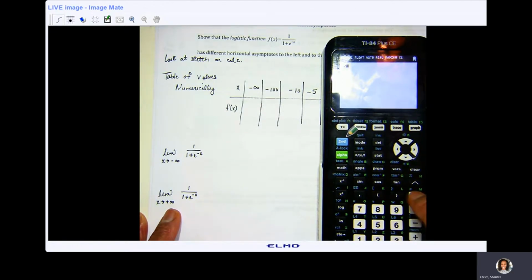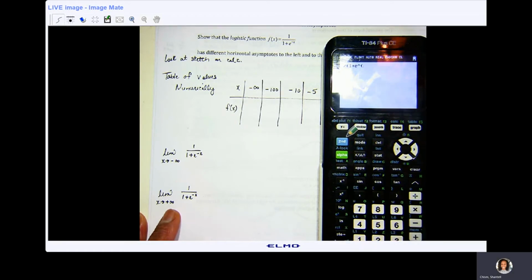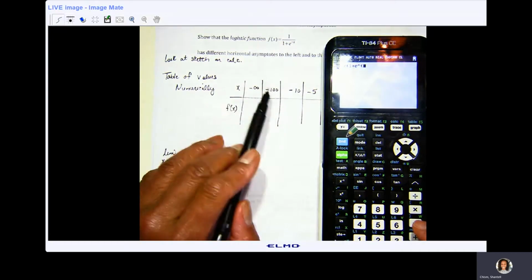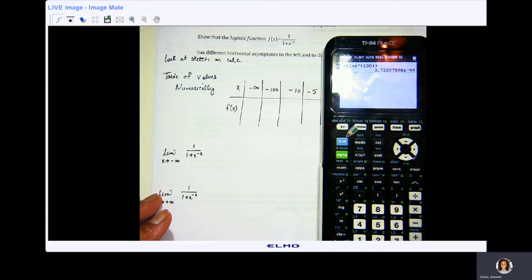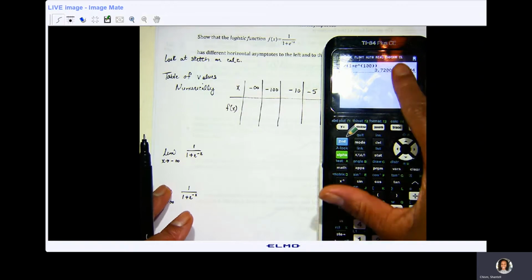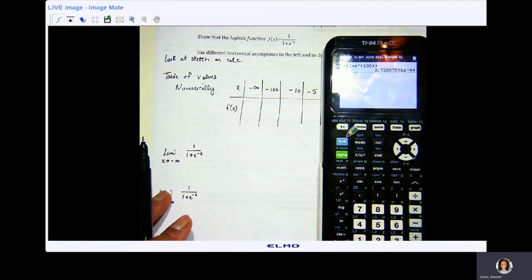So 1 divided by parentheses 1 plus e to the negative 100. Because it is negative, but then we're going to put in a negative, so I guess I need to just put in 100. And I get almost 0, basically. This little e to the negative 44 is scientific notation.